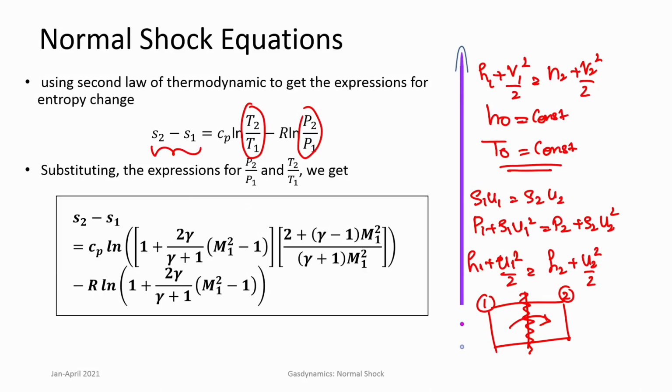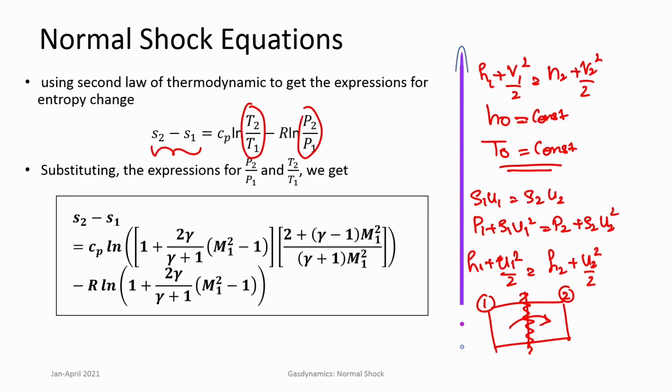Now we can ask whether it is possible that there is a shock which will suddenly increase the velocity and reduce pressure, density and temperature. Can there be such a solution? If you look at only the conservation laws, they do not tell you whether such solutions can exist or not.